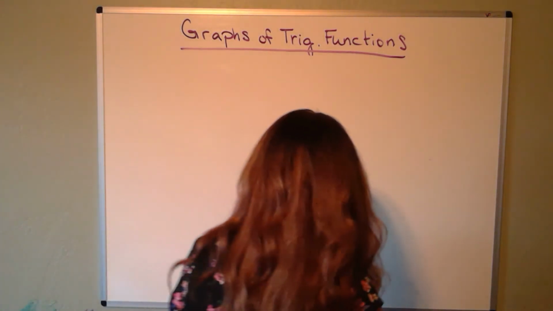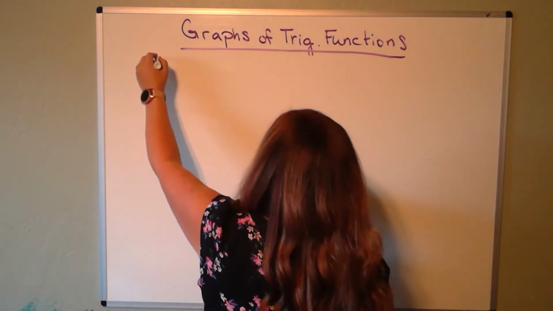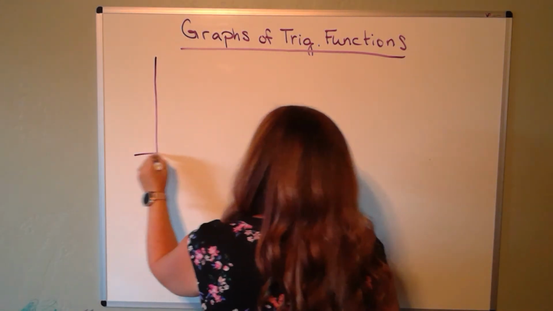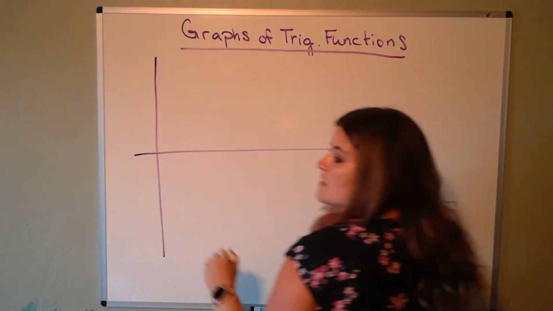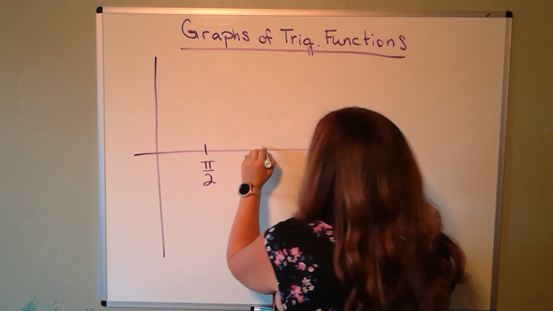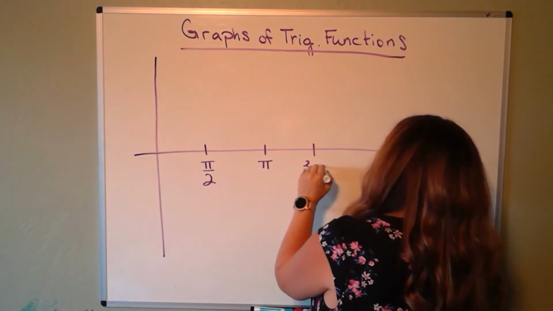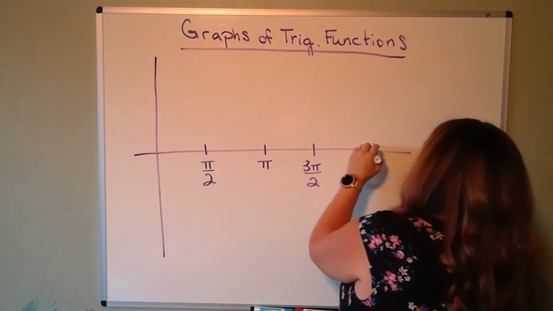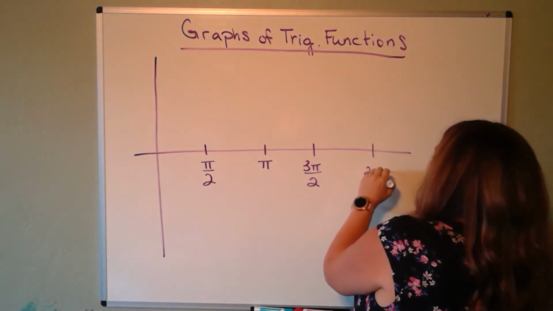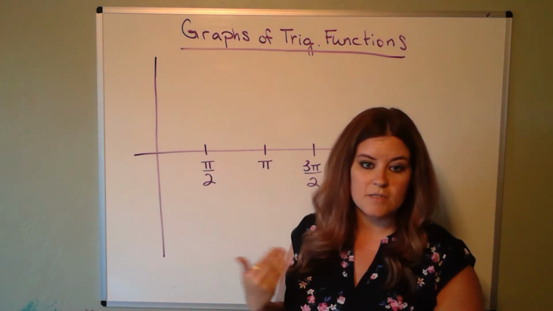So everything I just did with sine, I'm going to now do with cosine, starting with graphing it. So remember, I'm going to get my x-axis set out in those units of pi over 2. You can think about these as quadrants if you want to, since our angles are rotation based.